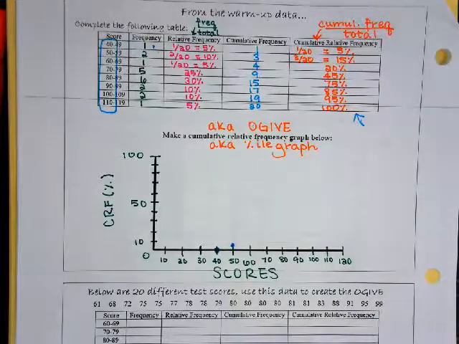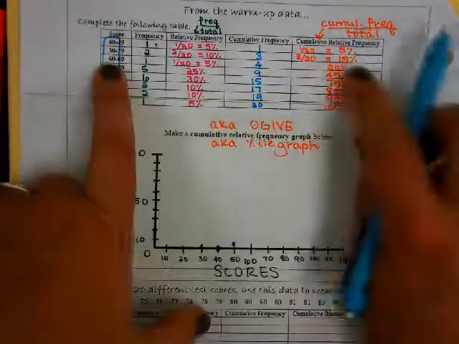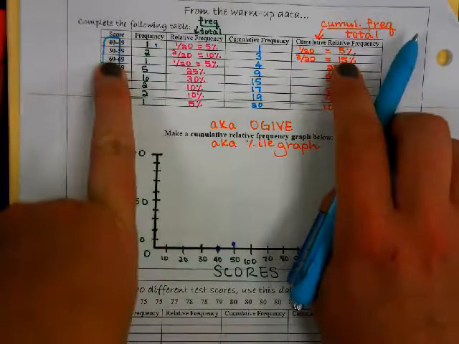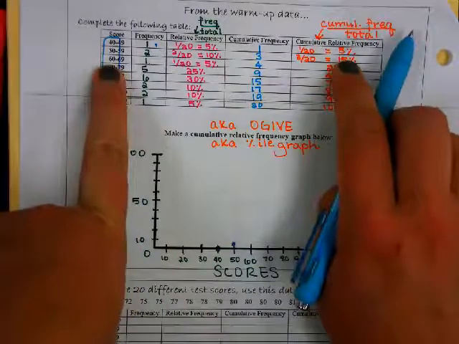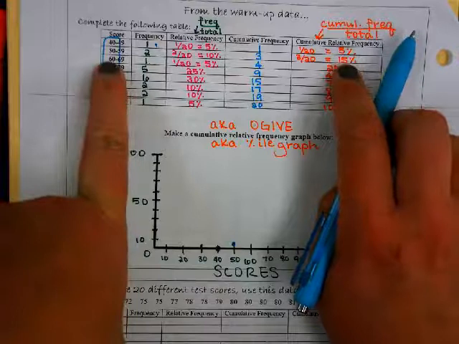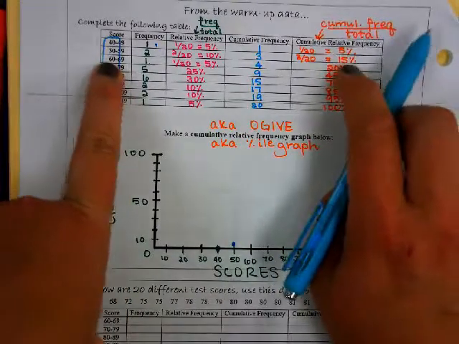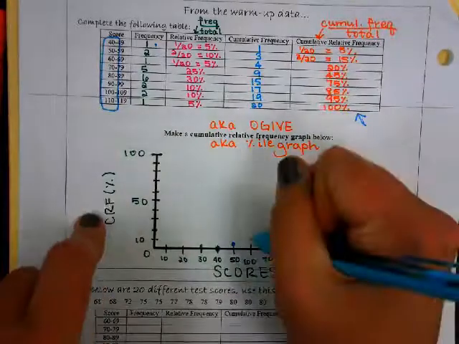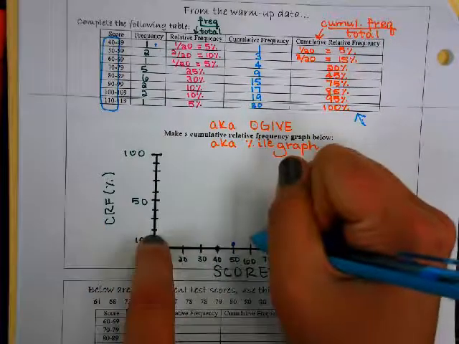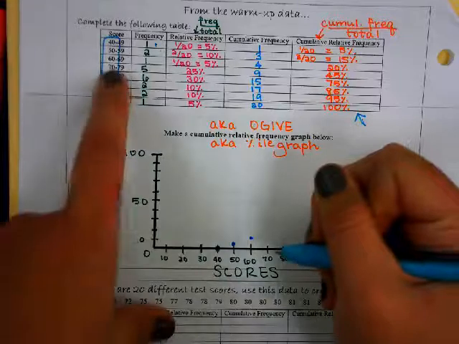So 60 goes with 15. They're off by 1. If you look at them, I'm at the third one down here, but only the second one down over here. So by 60, I've had 15% of the scores. And then at 70, we're up at 20.